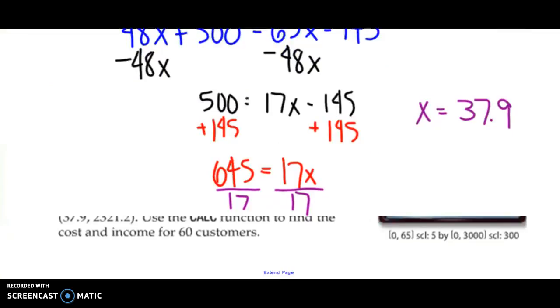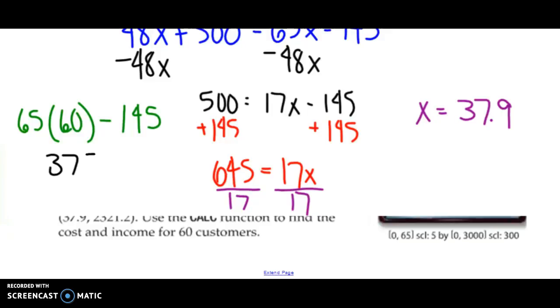And so we say 65 times 60 minus 145. Put that in our calculator, and we'll see it to be $375. So his profit on 60 customers is $375.